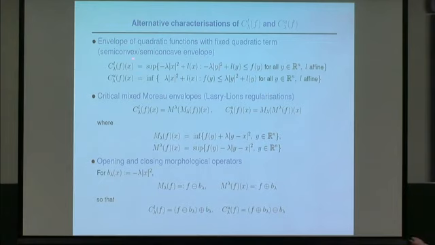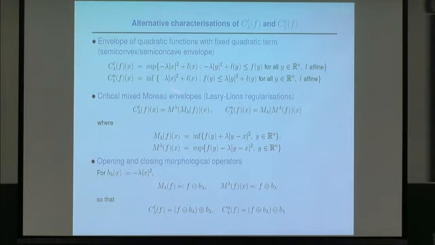So the first characterization is this envelope of quadratic functions with a fixed quadratic term, which is like the semi-convex or semi-concave envelope. Then one can also characterize them as so-called critical mixed Moreau envelopes, which are related to the ideas of inf and sup convolutions.